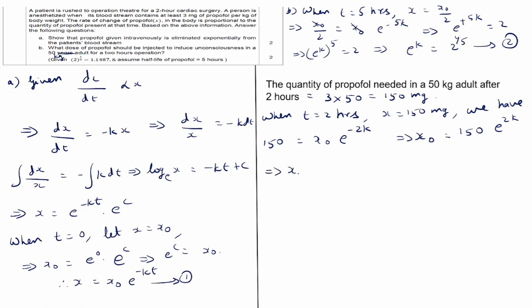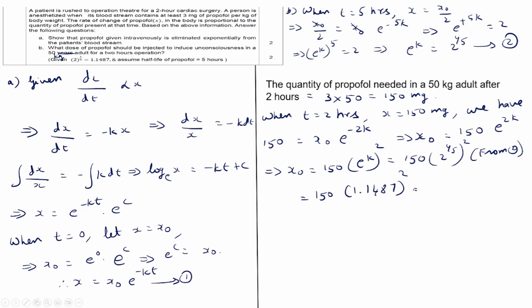So it is 150 into e raised to k the whole square. Now we already know what e raised to k is. It is 2 raised to 1 by 5, from equation 2. So it is 2 raised to 1 by 5 the whole square. Now the value for 2 raised to 1 by 5 is given here. It is 1.1487. So it is 150 into 1.1487 the whole square. Now when we square this, we get 1.3195.